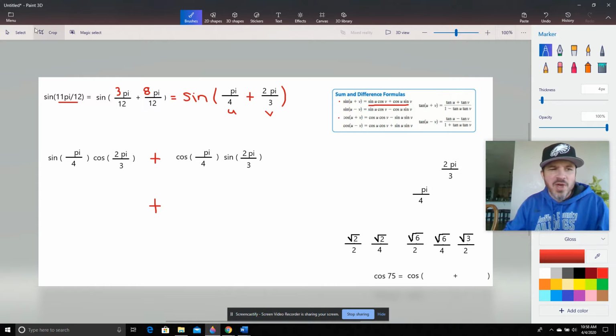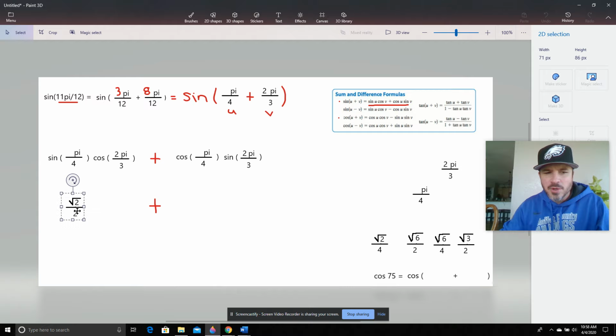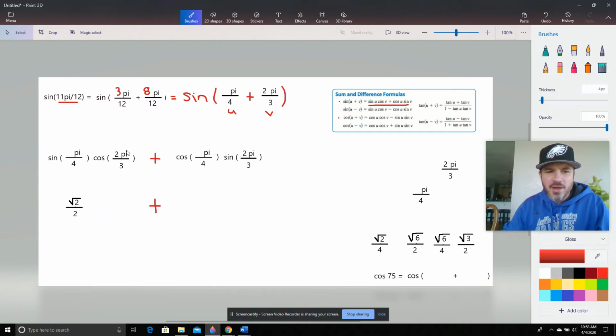So then when we do that, we're going to get, well, sine at pi over 4 is just root 2 over 2. Then cosine here is just negative 1/2. So this will be times negative 1/2.